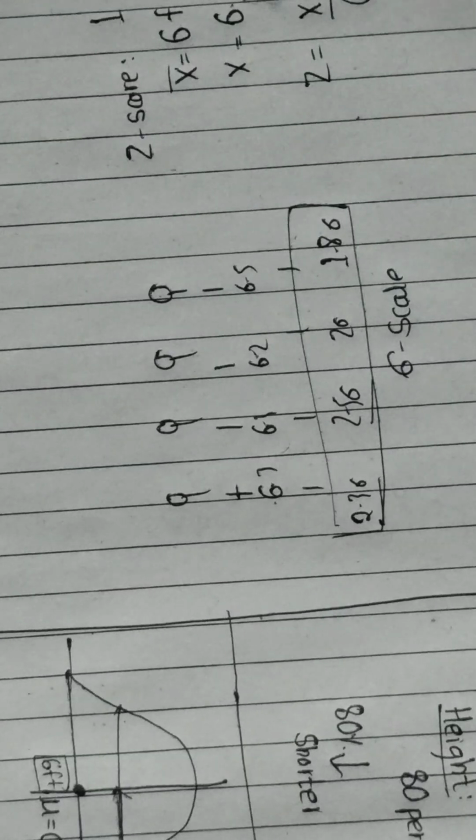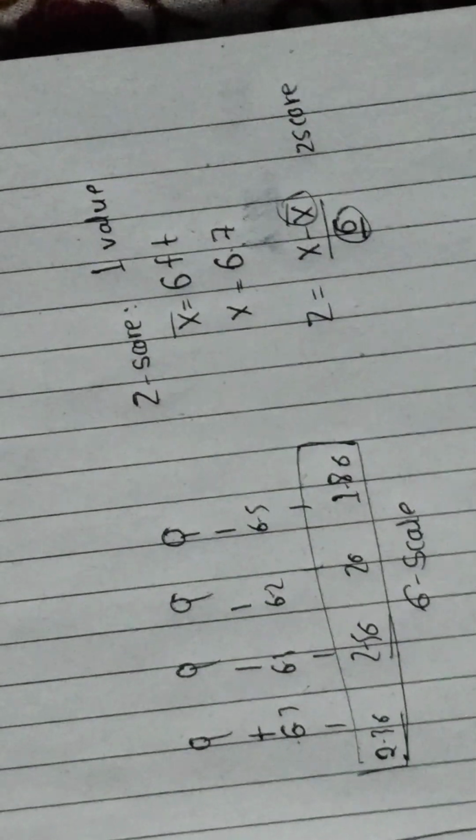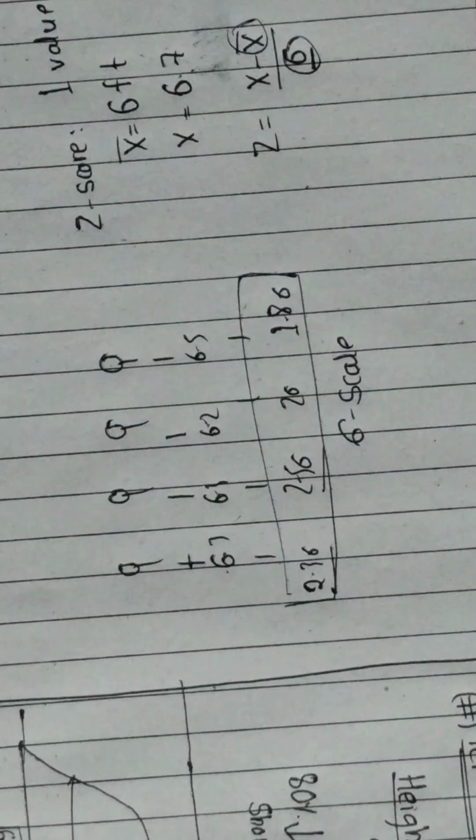If there is one value for one particular person, it is called Z score. If there are a lot of values, that is said to be the sigma scale. So I will go straight to the numerical.